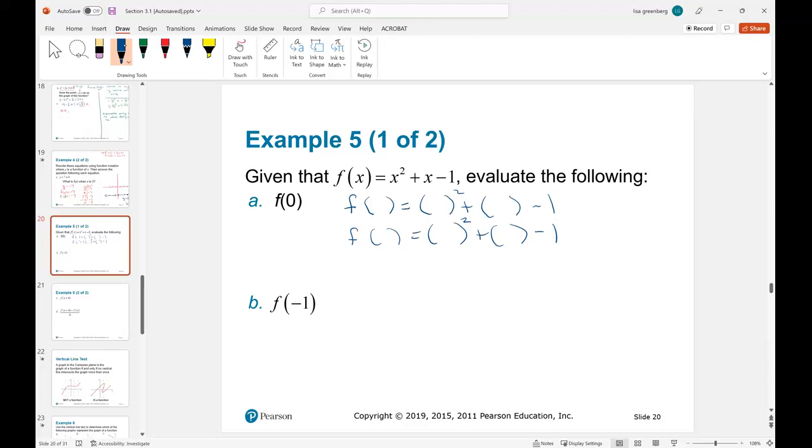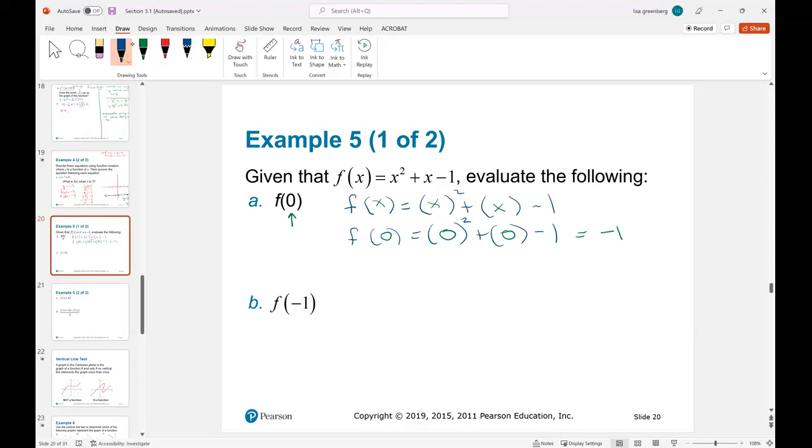Everywhere there was an x, I just left parentheses. Okay, so the first one, if I plug in x here, I can see that f of x equals x squared plus x minus 1, just like it started with. But if I plug in 0, then I get 0 squared plus 0 minus 1, which is equal to -1. And that's it. Okay.